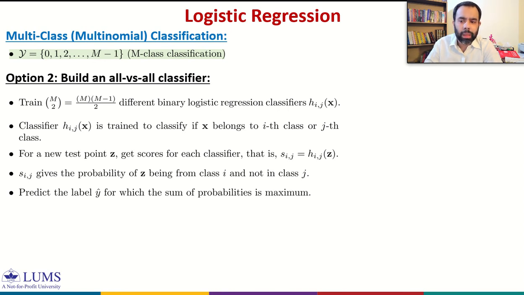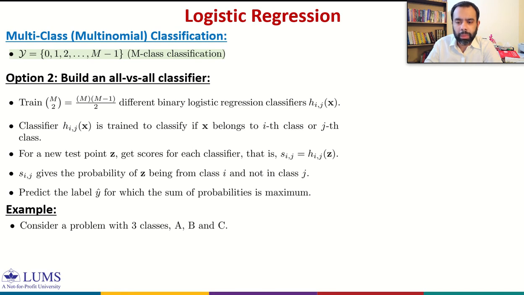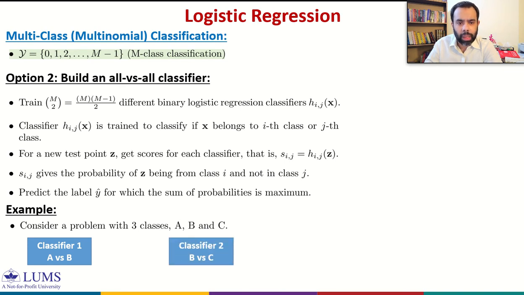To further explain this, let's take an example. Consider a problem with three classes a, b, and c. So we build three classifiers. Classifier 1 is a binary classifier that classifies a versus b. Classifier 2 classifies b versus c. And classifier 3 classifies a versus c. When we get a new test point z, classifier 1 gives us the probability whether z belongs to class a or class b.